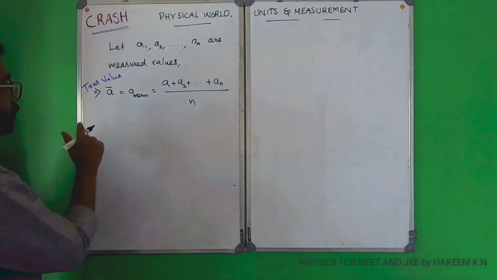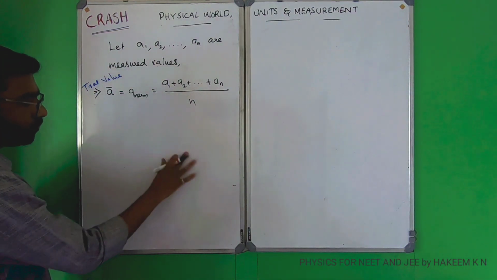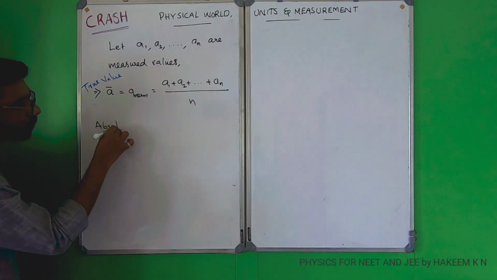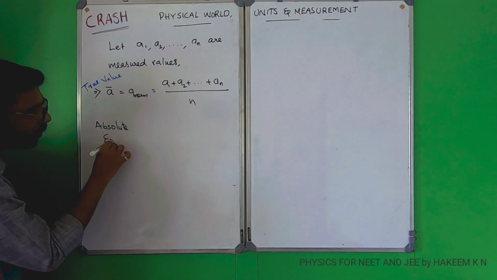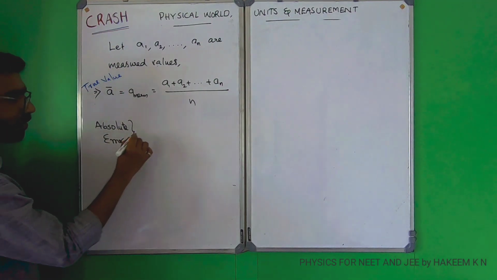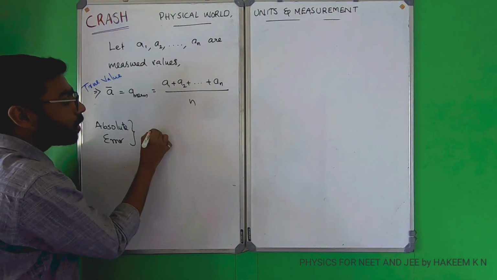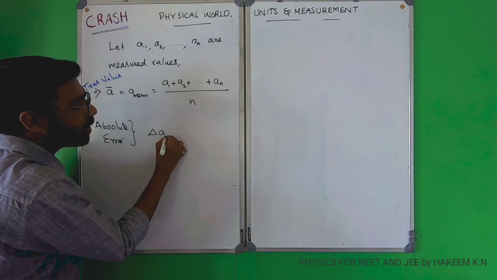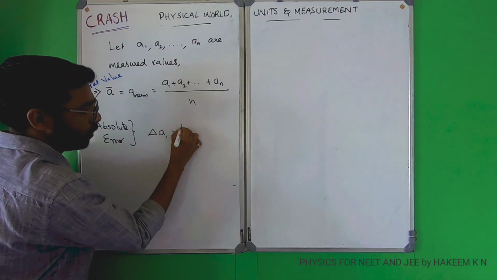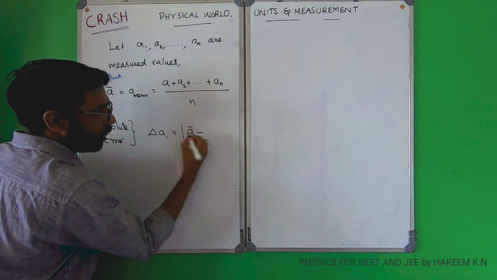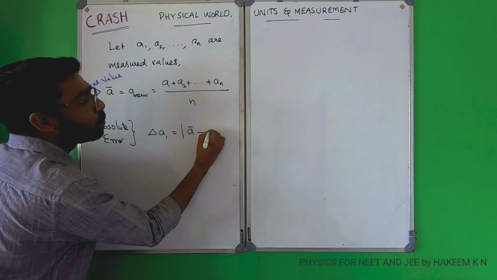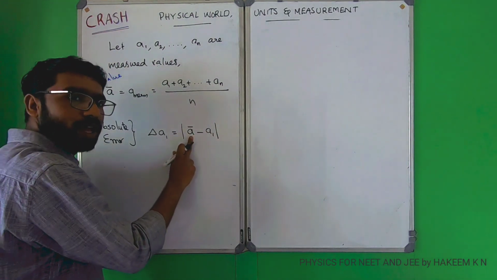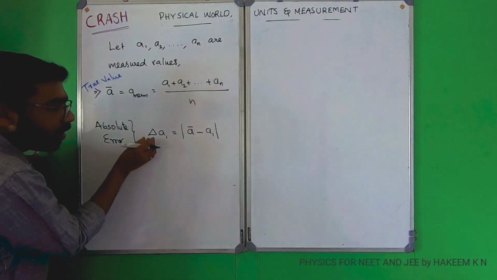Okay, then what is the absolute error here? Absolute error means we will take delta A. Delta A1 equals the modulus of true value minus measured value.